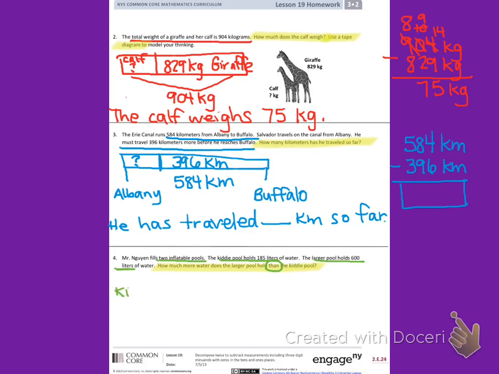This is the kiddie pool. And this one's going to be for the large pool. We know that the kiddie pool holds 185 liters. And that the large pool holds 600 liters.